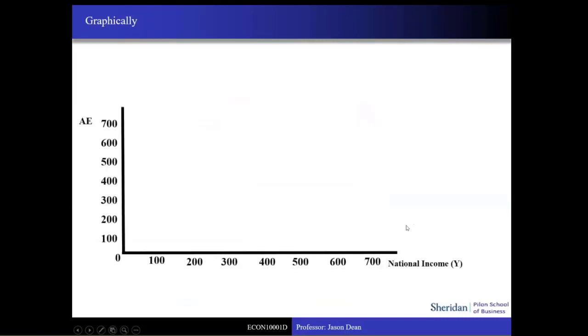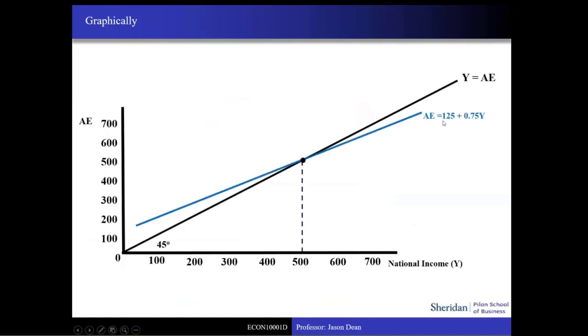So let's see what we're talking about here on a graph. So we have our 45-degree line, and our initial aggregate expenditures function, 125 plus 0.75y. So here the investment was 75 and the intercept of the consumption function was 50. Now we're saying that investment is going to increase by 50. So now this is going to increase the intercept by 50.